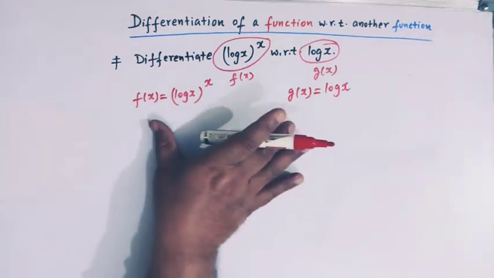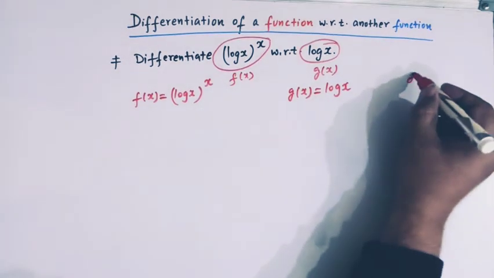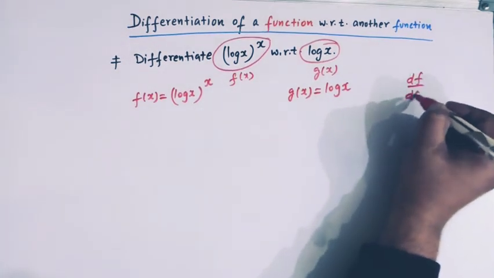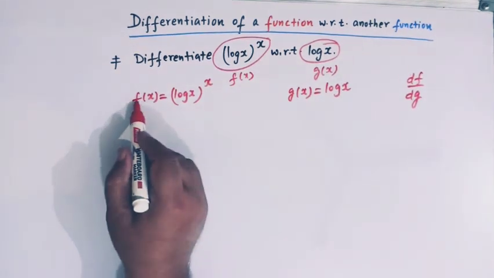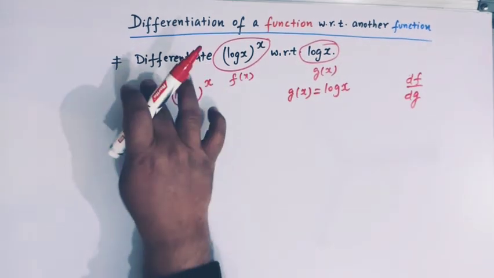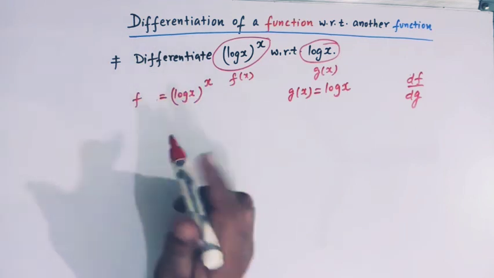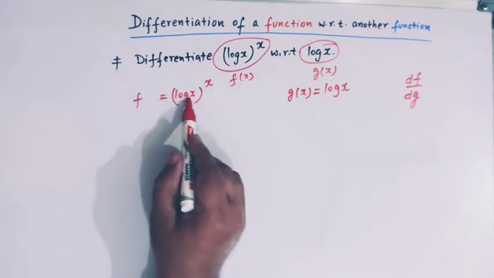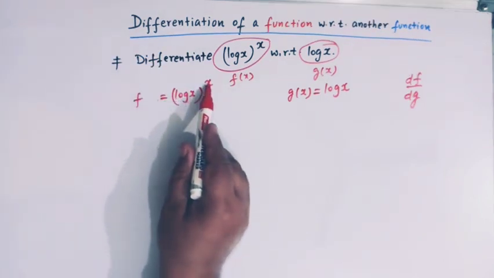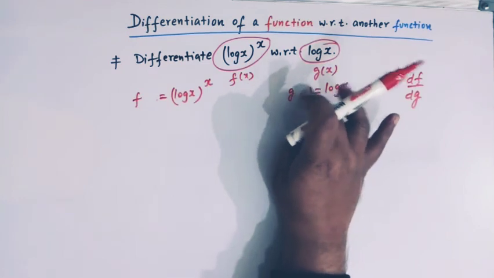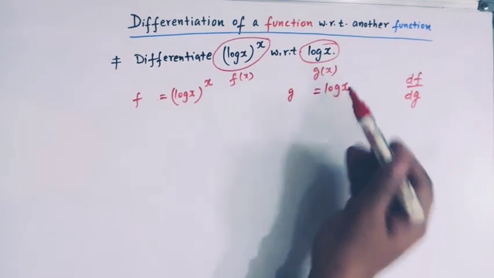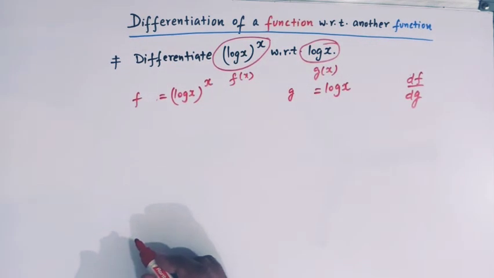So now we have to find df over dg, right? Now for simplicity, let us write simply f is equal to (log x) raised to x and g as log x, right?